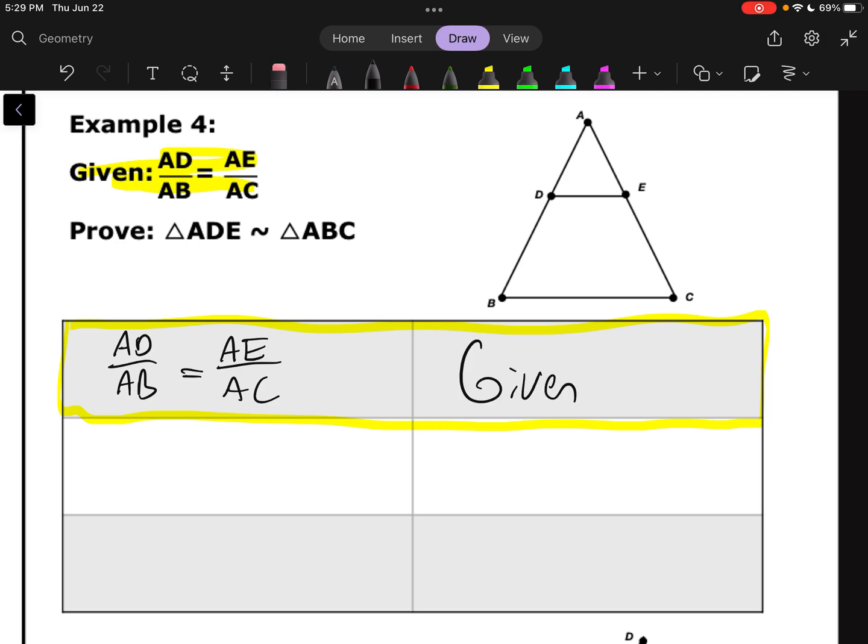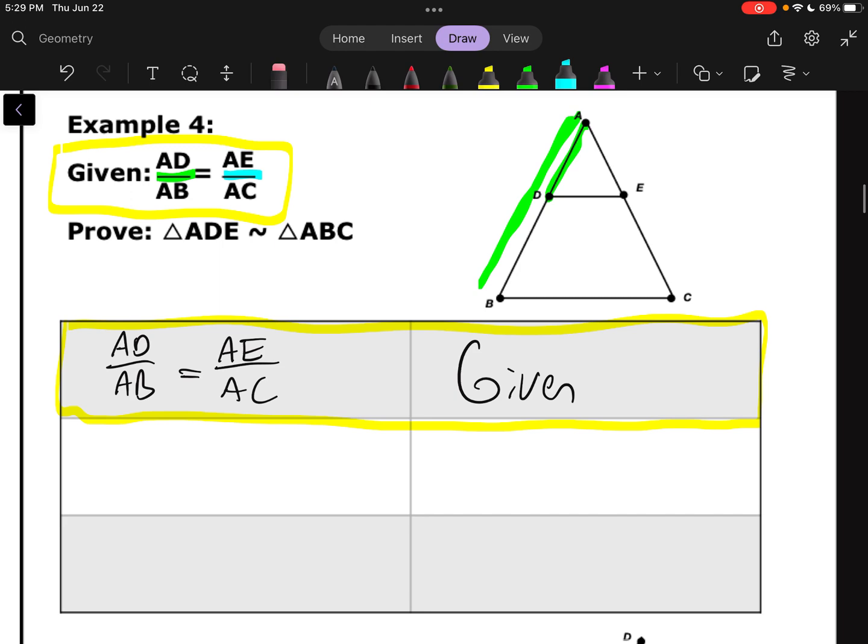Okay, so that's essentially saying, let me mess with my highlighting a little bit here. It's saying AD over AB, so that's saying this over this is equal to this over this. Okay, so that's two sets of sides being proportional.